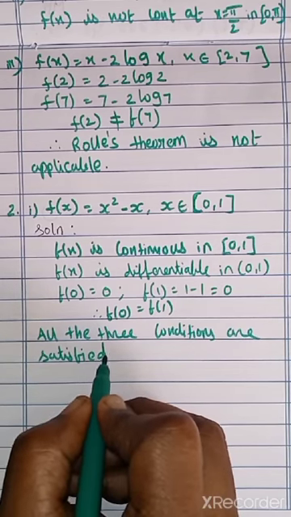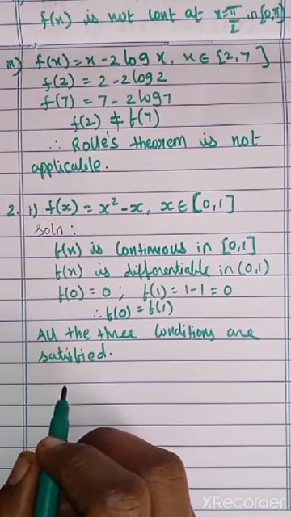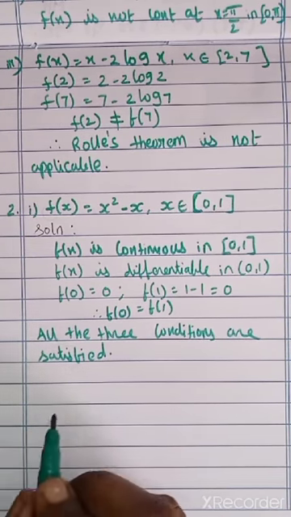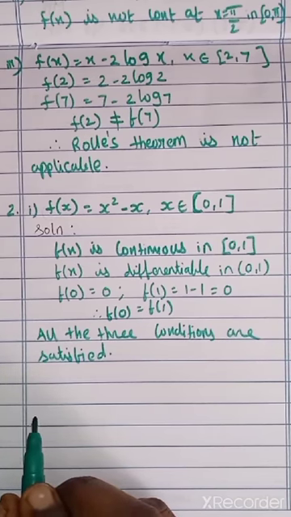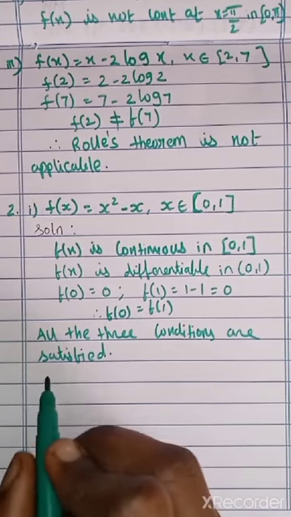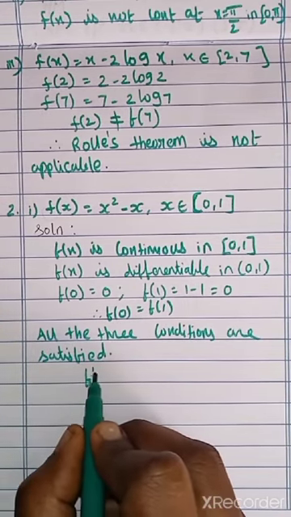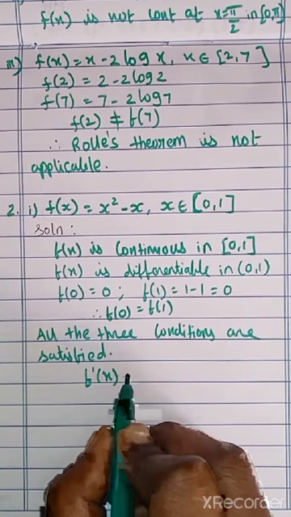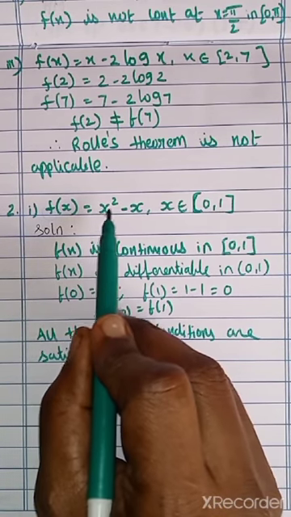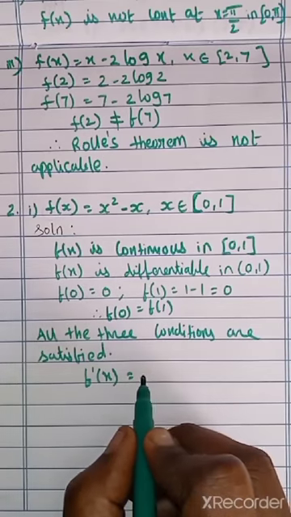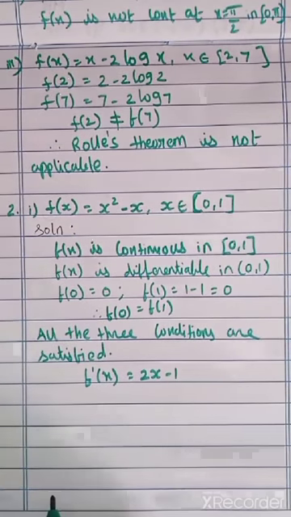So if all three conditions are satisfied, what do we have to do? We have to find out your c value. So for that, we have to find out f dash of x. So what is your f dash of x? If we differentiate this, we get 2x minus 1. 2x minus 1, correct?